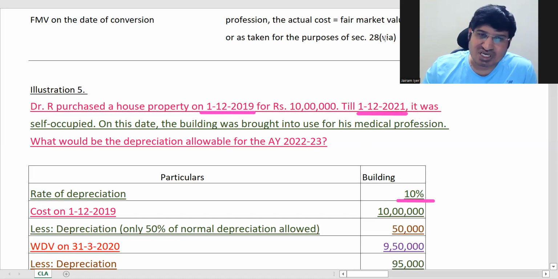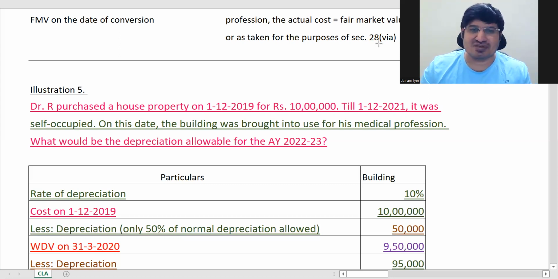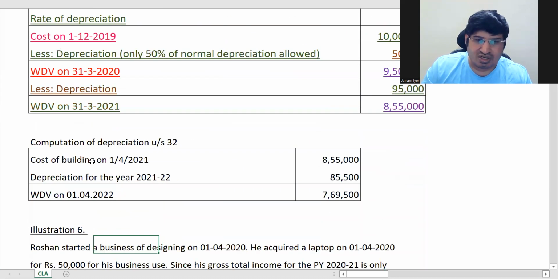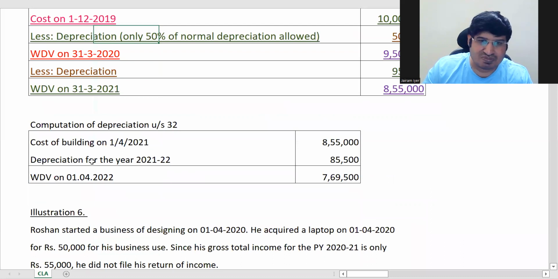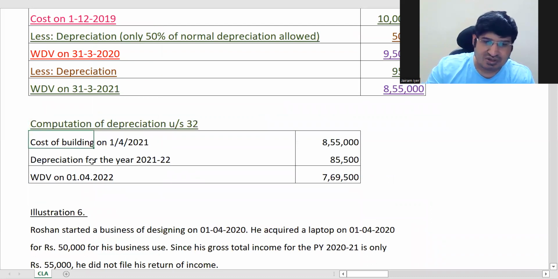Okay, but what is the correct approach here? As per the provision you have to assign depreciation right from the first year. So which is why in 2021-22 also you are considering the whole year as business and giving depreciation. So that's why here, this is the answer.